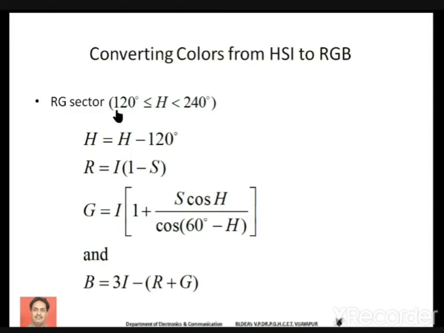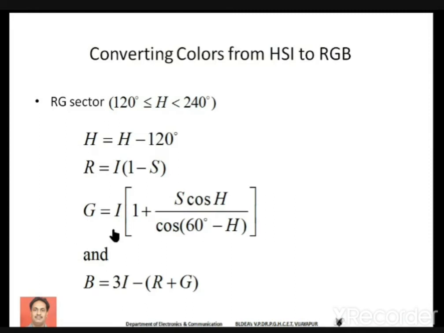In that case, we write H equal to H minus 120 degree. Please try to understand. First, check value of H. So if it is between 120 degree and 240, first you subtract 120 degree from H. Then after that, RGB values can be calculated using these set of formulas.